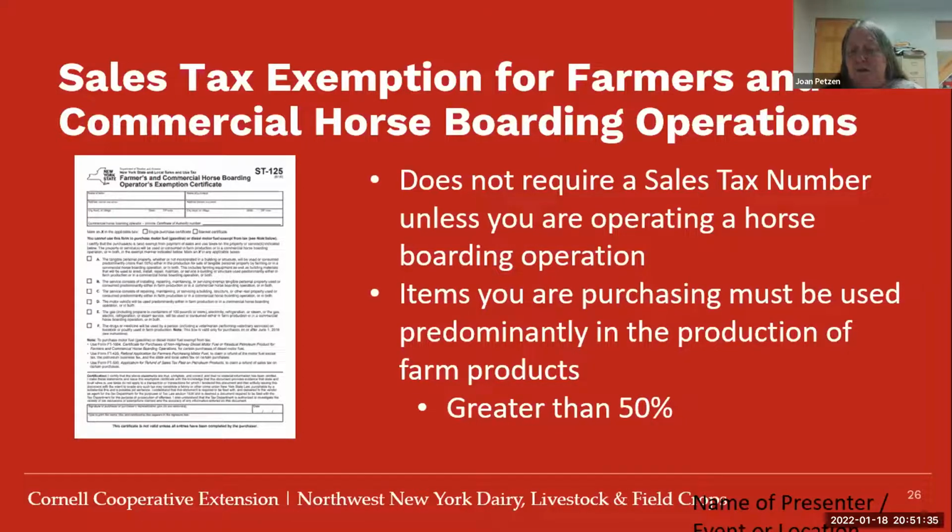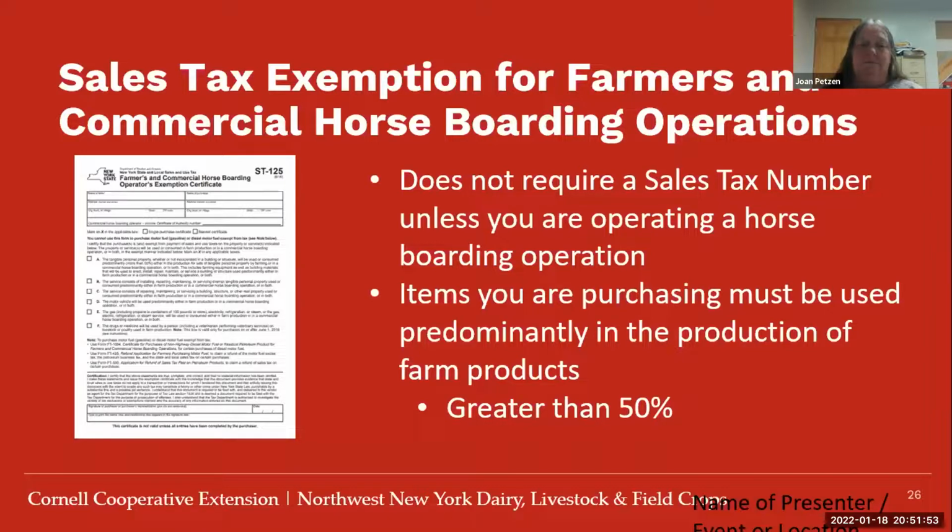The other thing that's really important is the items that you are purchasing must be used predominantly in the production of farm products. And that means more than 50% in the production of farm products.